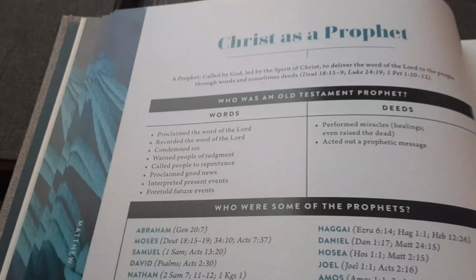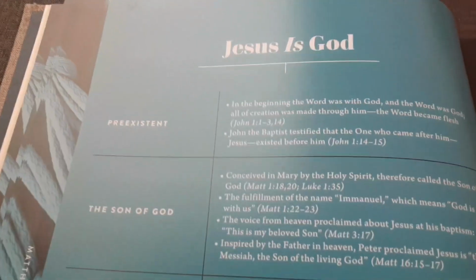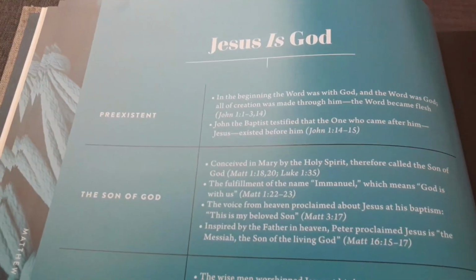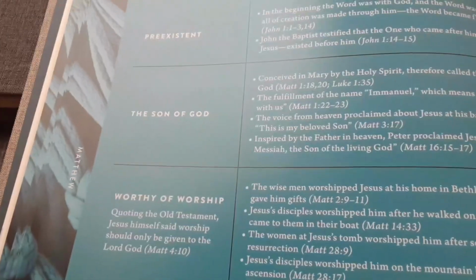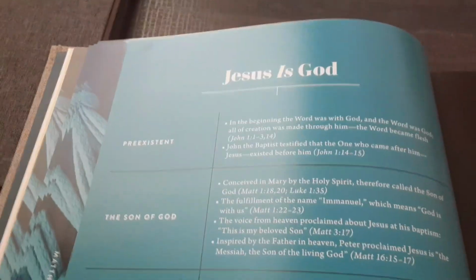Christ as a prophet. Jesus is God. Now this is something that I'd read if you're having trouble with the Trinity, or knowing that God is Jesus and Jesus is God. Christ as King.